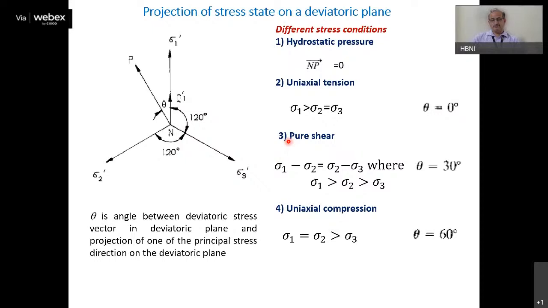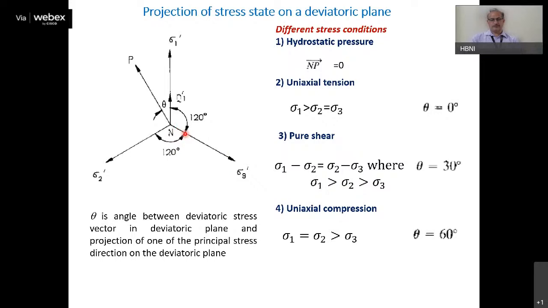Whereas if you apply pure shear, in terms of principal stress components, pure shear is given by the difference between these principal stress components. In this case, sigma 1 minus sigma 2 will be equal to sigma 2 minus sigma 3. Of course, these components will not be the same, so one component will be higher than the other two.